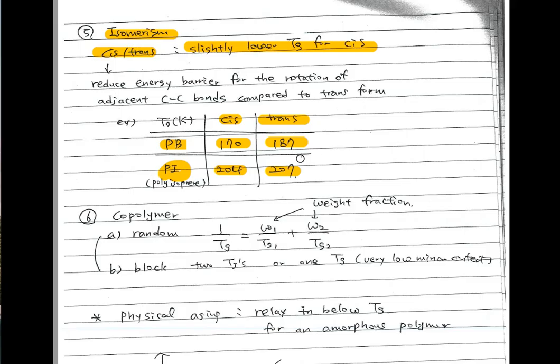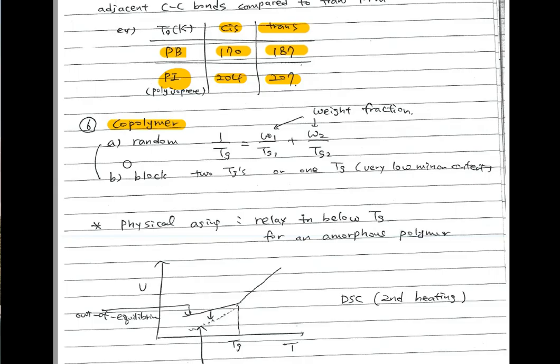All right. Final effect that we can consider is copolymer. What if we have copolymers of two different kinds of monomer? If the copolymer is random copolymer, then you basically have averaged Tg values between these two monomers.